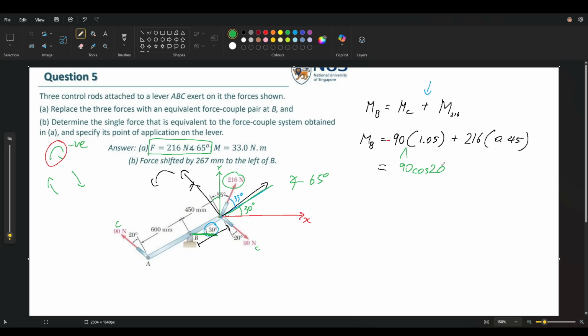Okay, now I feel dumb. Oh my god, another one. It is 216 cosine 55. Guys, I feel so stupid now. And there you have it.